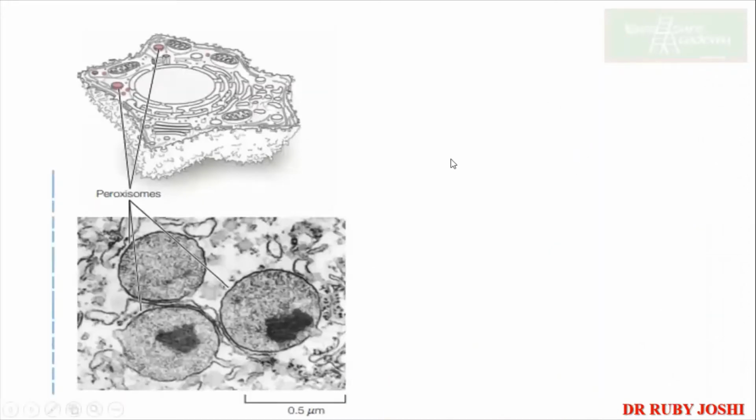Here is the electron micrograph of a peroxisome. Now, how do you identify in an electron micrograph that these are peroxisomes? Any idea? What special feature do they look for to identify peroxisomes in the electron micrograph?